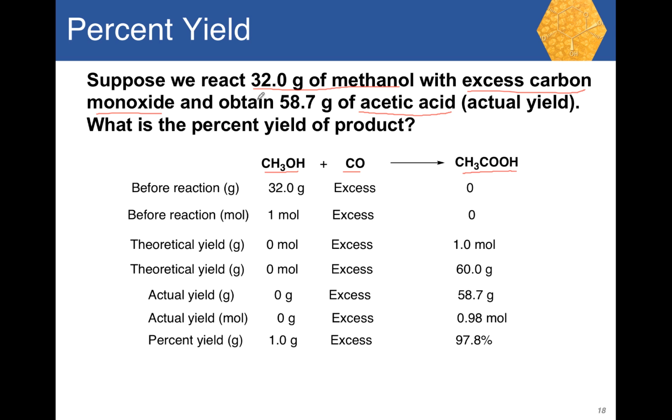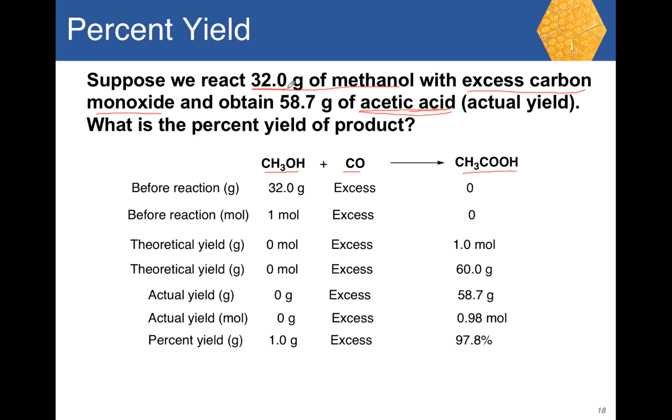So we went in the lab, we bought some methanol, 32 grams of methanol, and our boss said to us, working in an industry, we're going to make acetic acid and sell it. Let's see if you can make as much acetic acid as possible.